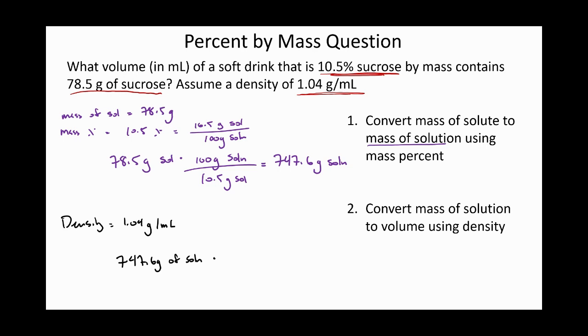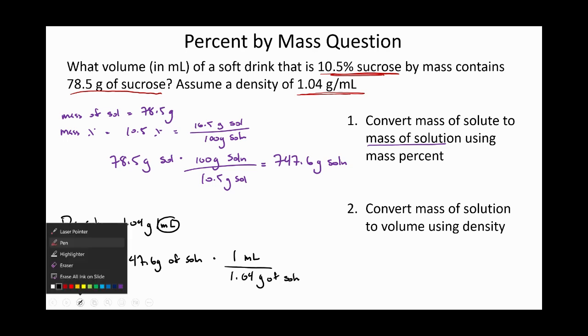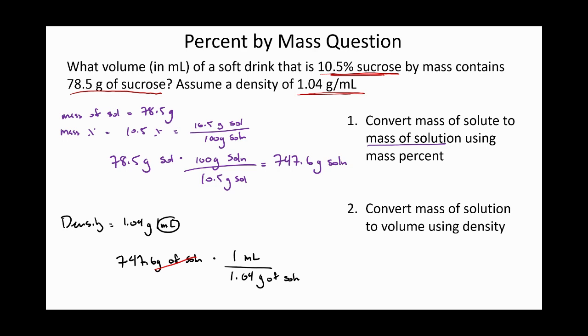If I were to multiply by density, I'd have grams squared per milliliter, which is not the unit we're looking for. We're looking for milliliters as our final answer, so we'll divide by density, or another way to say that is we'll multiply by the inverse. That says that 1 milliliter of our solution has 1.04 grams of solution. We'll cancel those out as we have done before using our unit analysis.